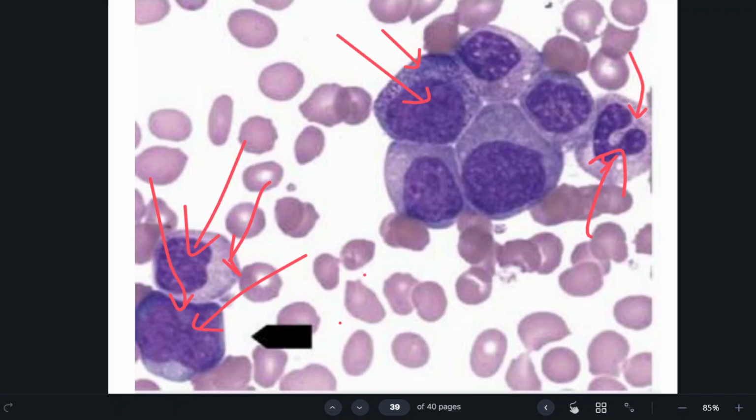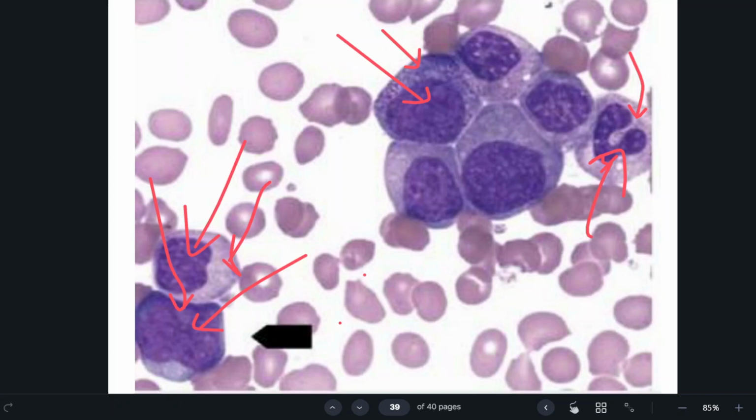And there is 1 to 2% blast. With this, the diagnosis is chronic phase of chronic myeloid leukemia. CML usually presents in elderly individuals more than 50 years of age, and they usually present with a dragging sensation in the abdomen, and there is marked splenomegaly.